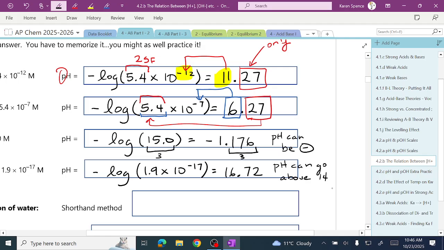Because if you have a really high concentration, like if you have a concentration that isn't times 10 to the negative something, like if you have 1 molar, that's going to be a pH of 0. If you have 2 molar, that's going to be a pH of negative 0.3.